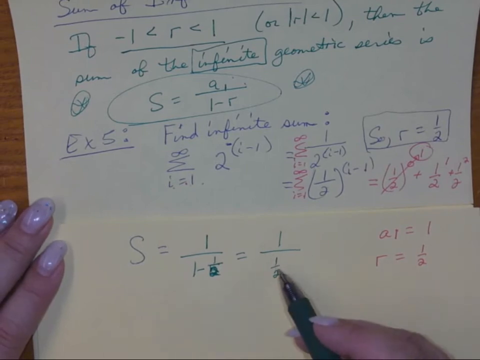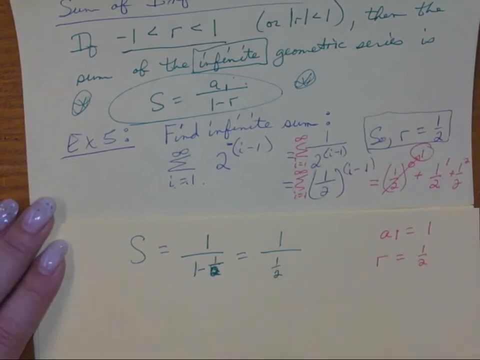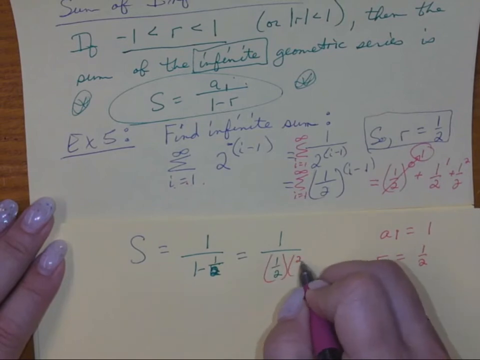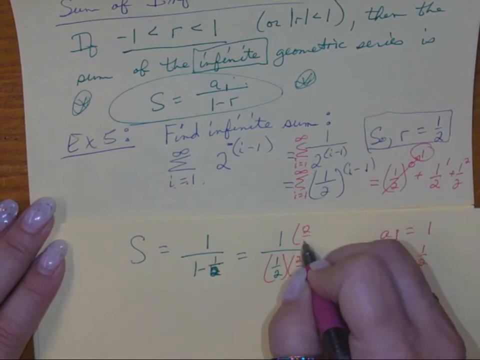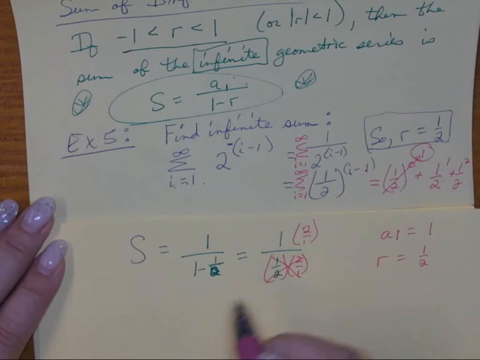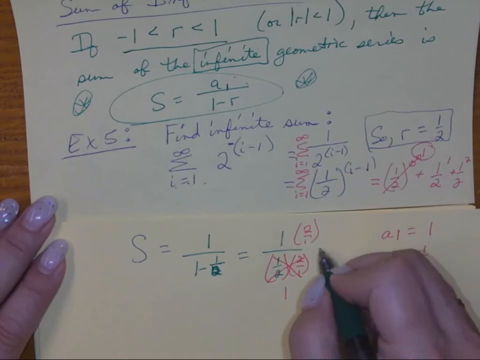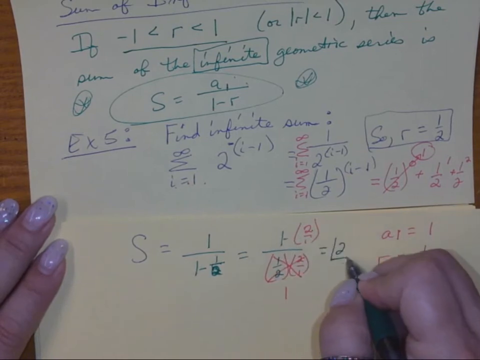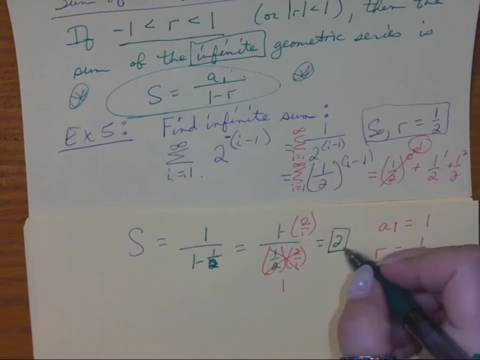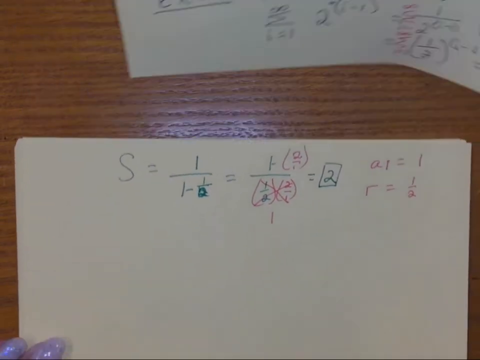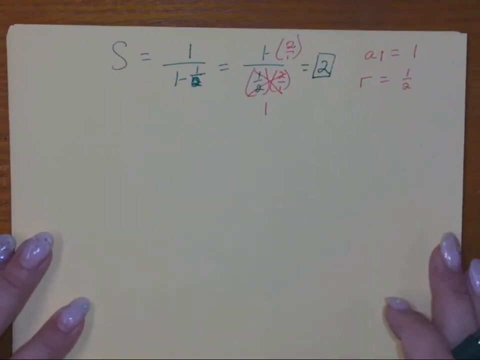Well, I don't want the fraction on the bottom, so I'm going to invert and multiply, right? Multiply it by its reciprocal. Whatever I do to the bottom, that needs to go away. It's a 1 on the bottom. I have to also do to the top, right? Correct? So 1 times 2 is a 2. Double check me on my arithmetic there if you're not sure what I just did.